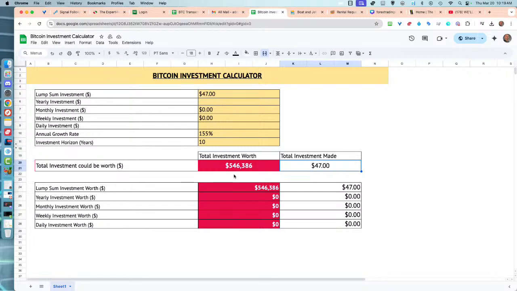I'm speaking in Bitcoin tongues. The power of compounding small amounts at high CAGRs. The total investment is $47. The return is $546,000. It's just math.